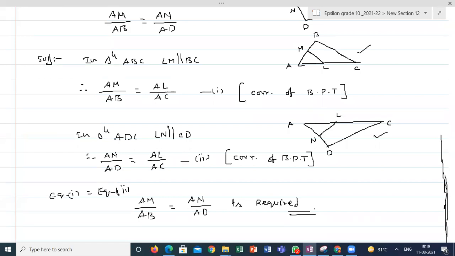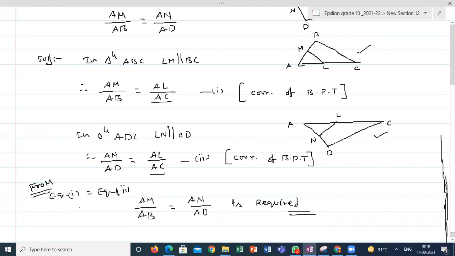Yes, sir. Sir, should we mention that AL by AC is common? No, just write from equation 1 and 2. How I am writing this step: from equation 1 and 2, AM by AB is equal to AN by AD, because both represent the same expression.